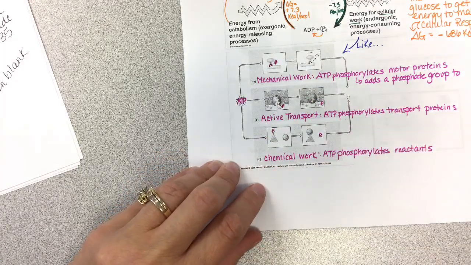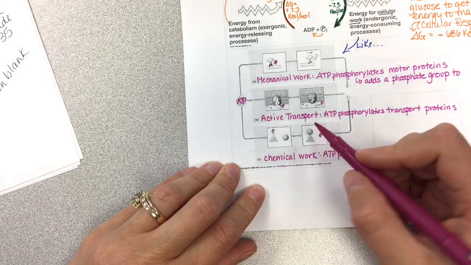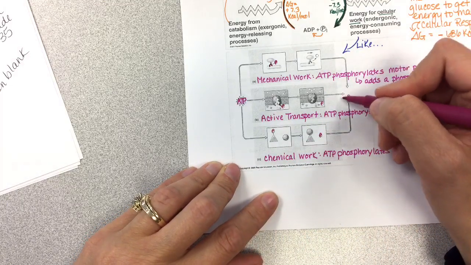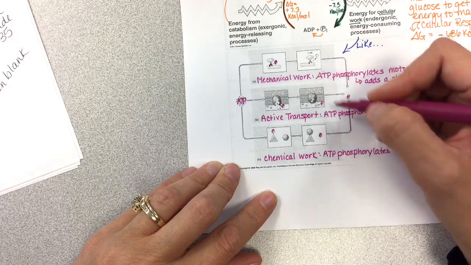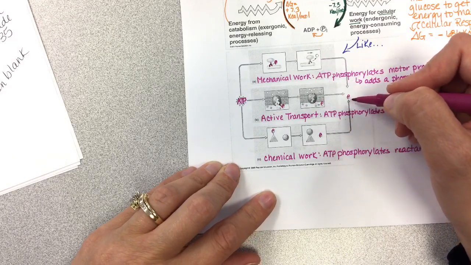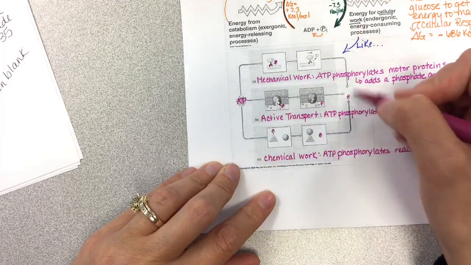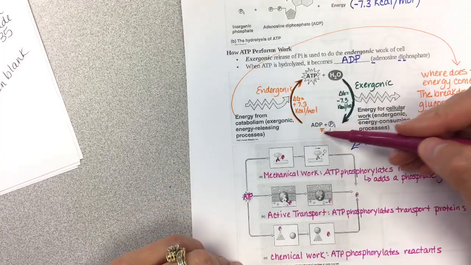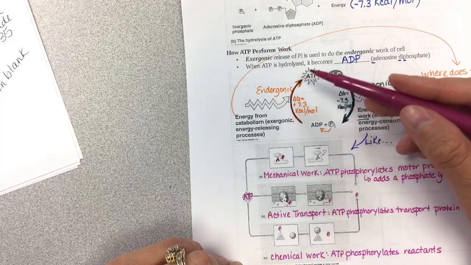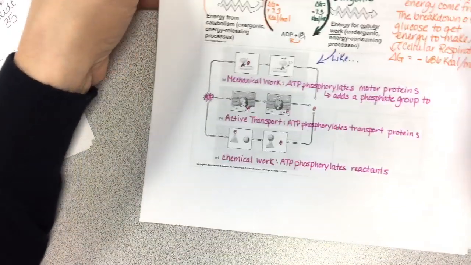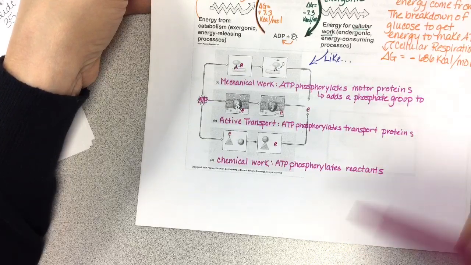Then at the end, you get your phosphate group over here, not coming off, and therefore it can be reused. When ATP gives up the phosphate, it becomes ADP, and then that phosphate can be added back on to regenerate the ATP, through cellular respiration, through the use of glucose.